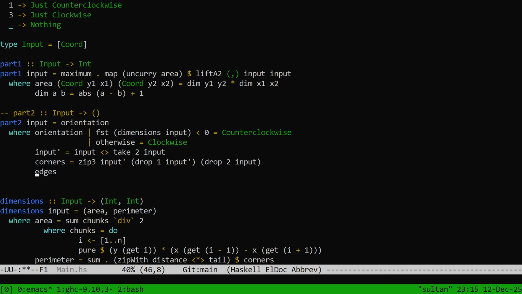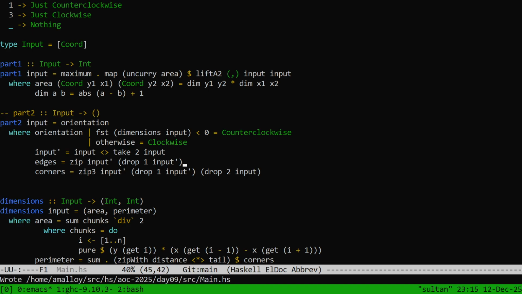And edges. Let's do edges first, actually. And I think at this point I don't really care about the distinction between reds and greens, weirdly.